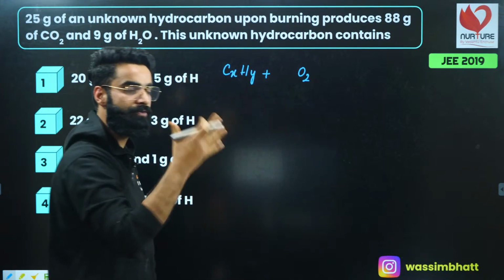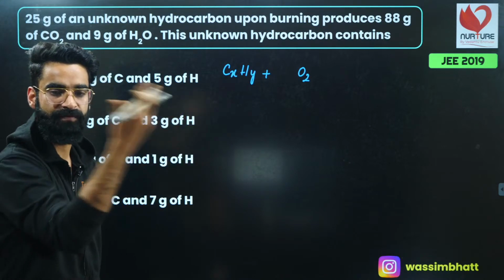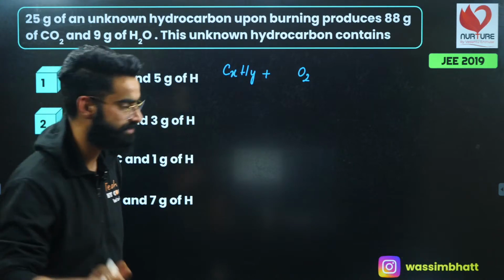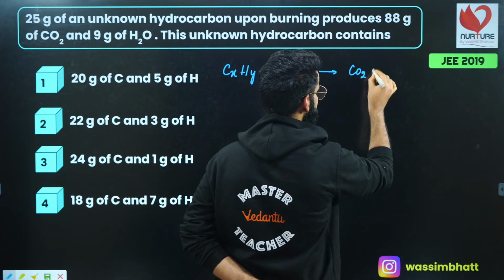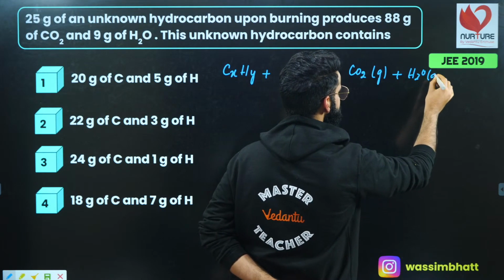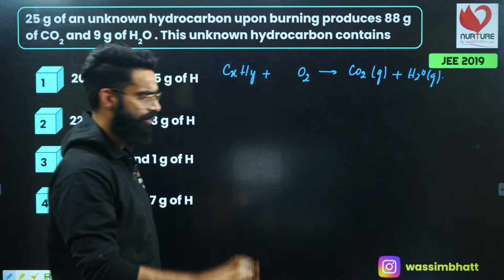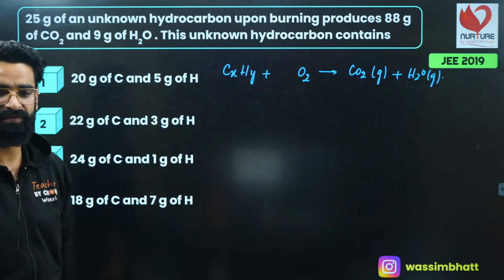If you remember, I have told you, combustion of hydrocarbon always leads to the formation of carbon dioxide gas and H2O gas, right? So over here, you'll be first of all getting the product as carbon dioxide gas, and with this carbon dioxide gas, you'll be getting H2O gas as well. I have told you how to balance this combustion reaction of hydrocarbon as well.